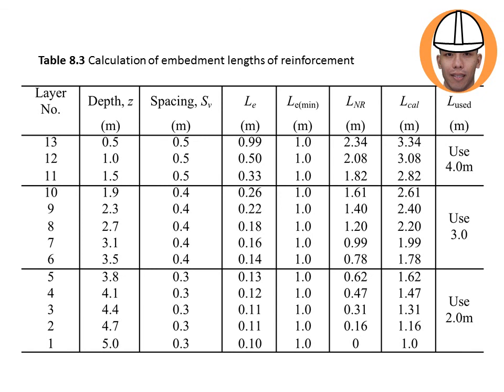And for the total, we just simply add the two portions. Okay, and basically for this one, we just rounded up. We just rounded up to 4 meters. And for this one, we rounded up to 3 meters. And this one, we rounded up to 2 meters.